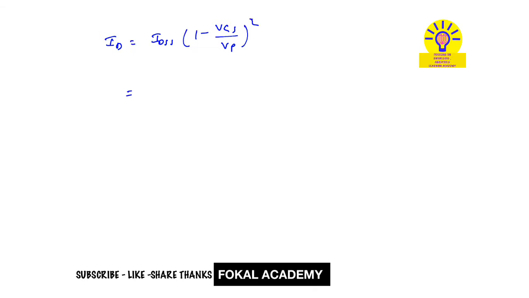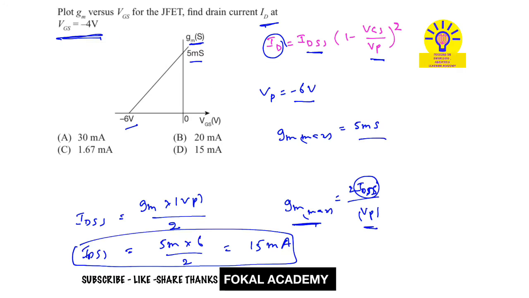IDSS we got 15 milliamperes into (1 minus minus 4 by minus 6) whole square. The minus signs cancel, and by simplifying this we get 1.67 milliamperes. So this is the drain current at VGS minus 4 volts. From the options, option C is the correct option.